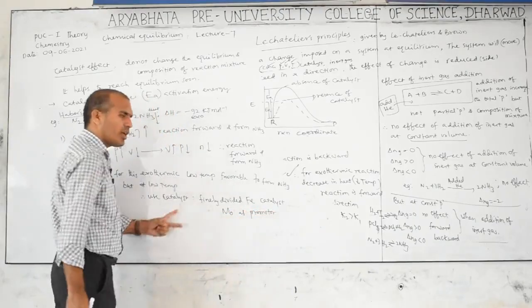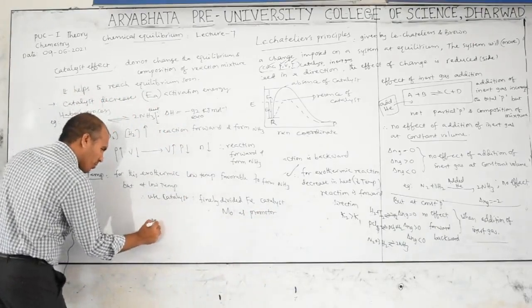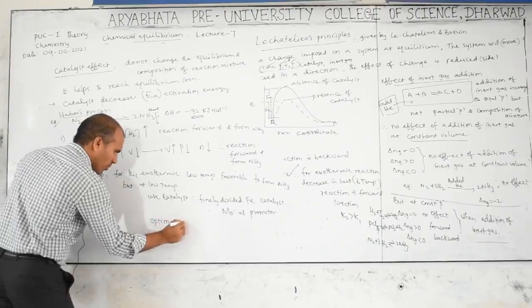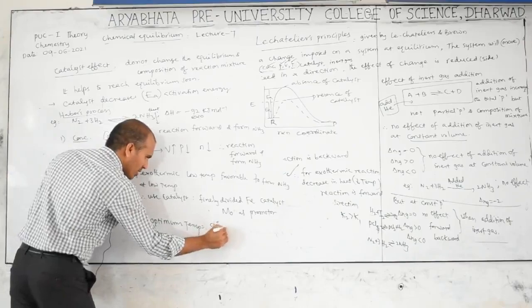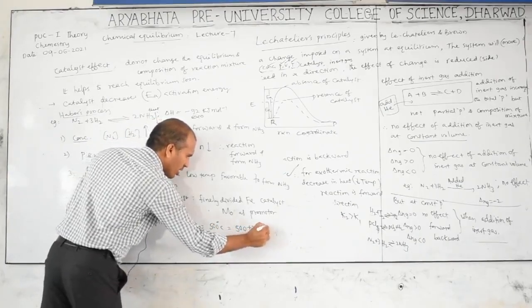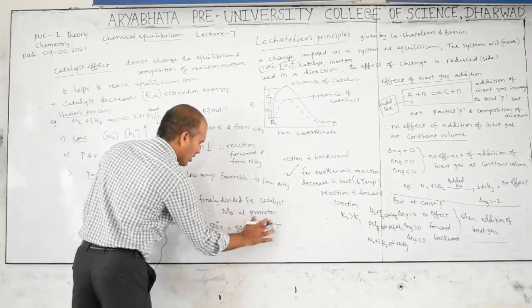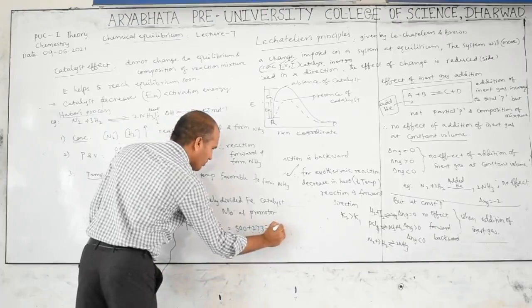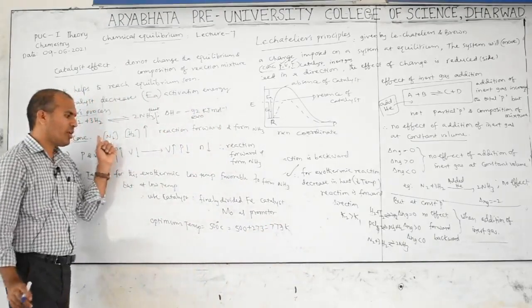These are very important statements for competitive exams, and we have to maintain an optimum temperature, that is nearly 500 degrees Celsius given in your textbook. This is 500 plus 273, nearly 773 Kelvin temperature. This is for ammonia preparation.